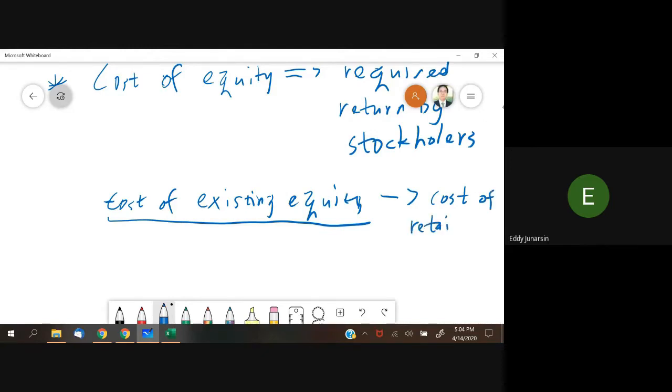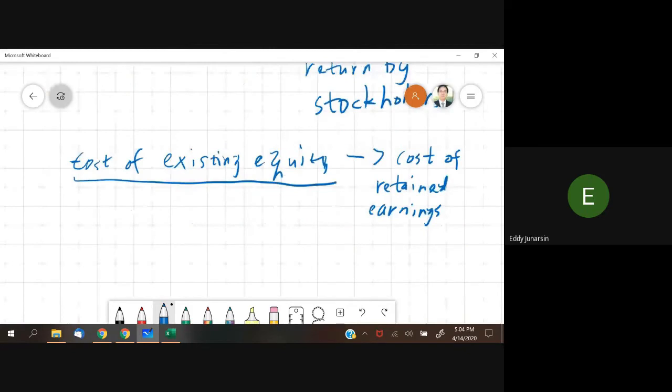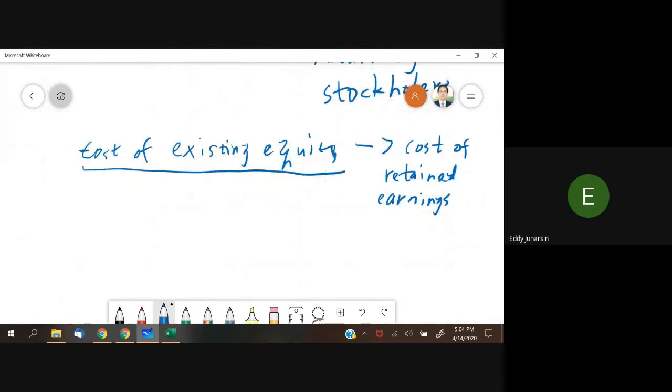Your corporate savings or your retained earnings. Right? So cost of existing equity or the cost of retained earnings. So this is quite interesting, right? If you think carefully about it, you have savings, right? You have your retained earnings.